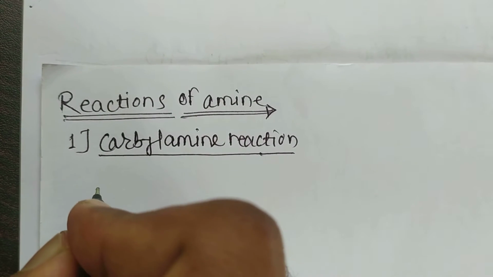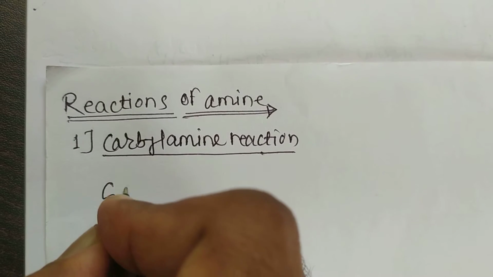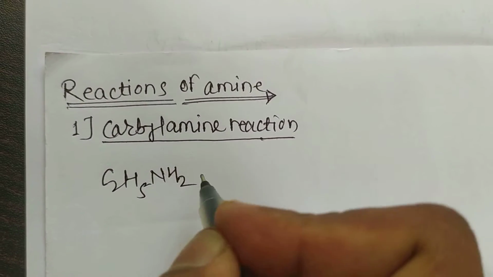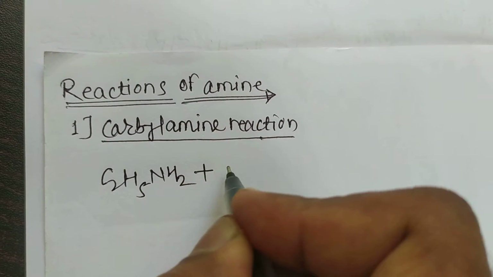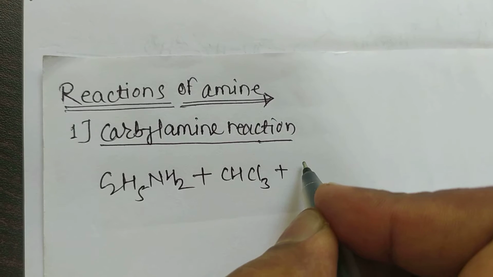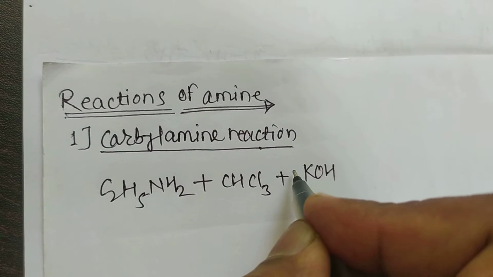Suppose we use primary amine as C2H5NH2 and it is reacted with chloroform and alcoholic KOH.